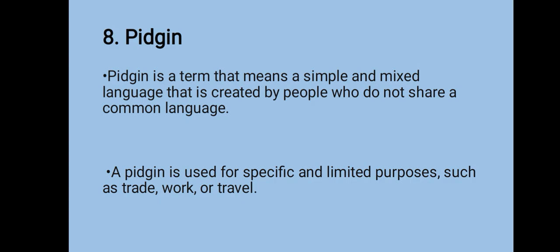Pidgins are usually based on one or more dominant languages, but they also borrow words and features from other languages. An example of a pidgin is Chinook jargon, which is spoken in the Pacific Northwest of North America.